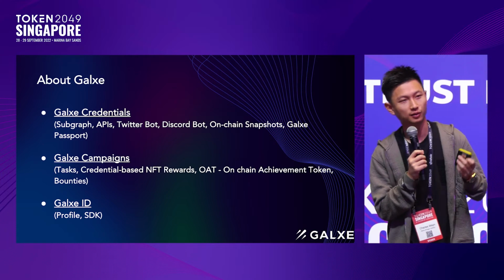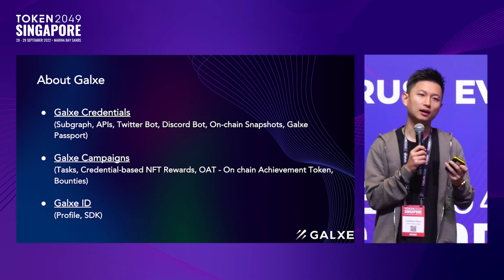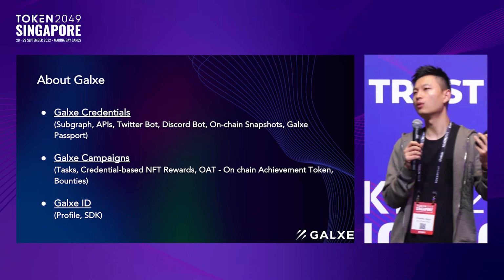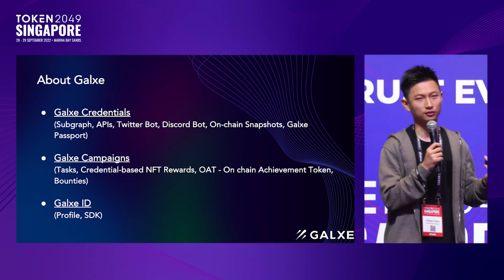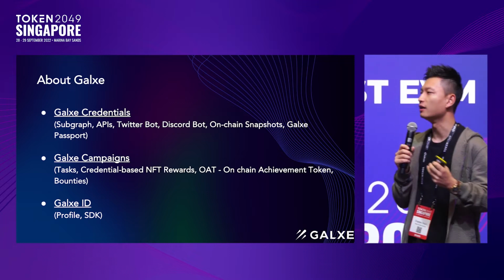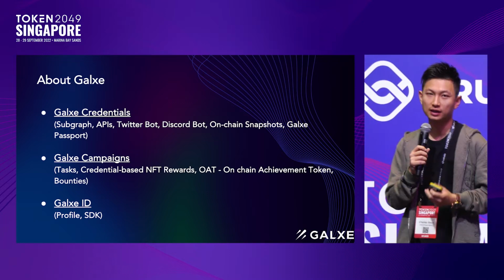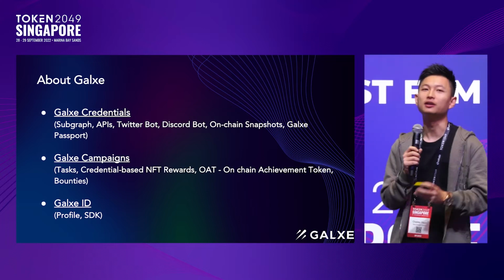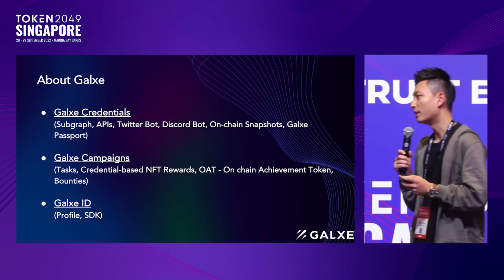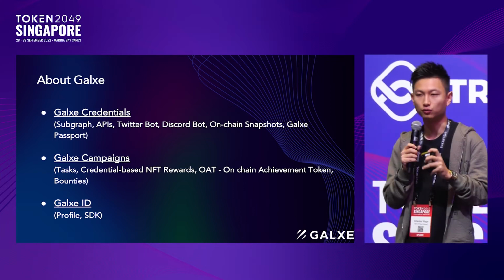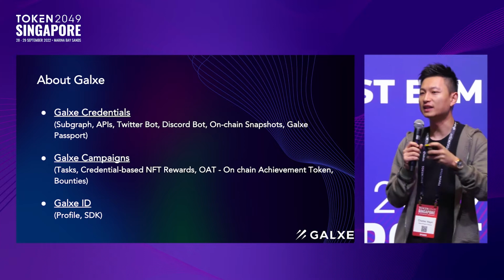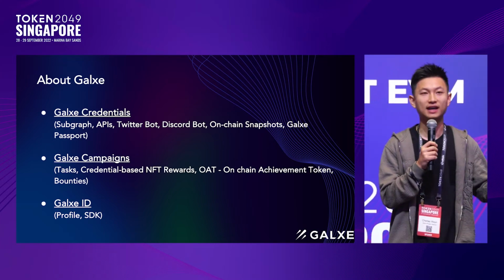So in multiple different campaigns, the use case can be, if today there's a developer, I want to do user growth, right? I want to define who my beginner users are. By doing that, the requirement is you have to follow me on Twitter. You have to join my Discord, acquire a certain role on Discord, and also you have to swap at least $10 on the DEX, right?